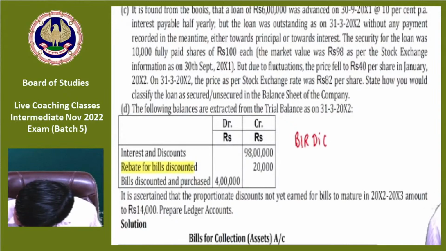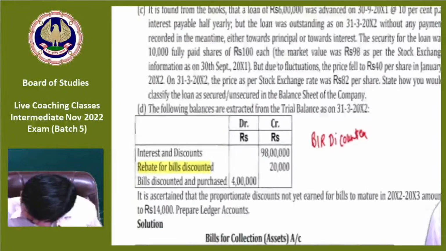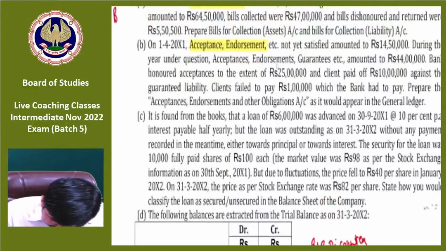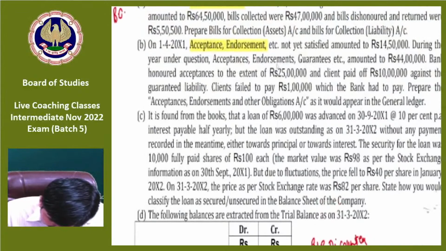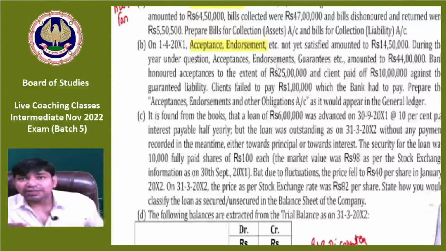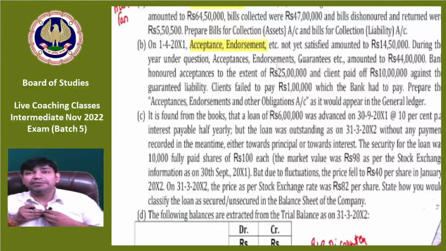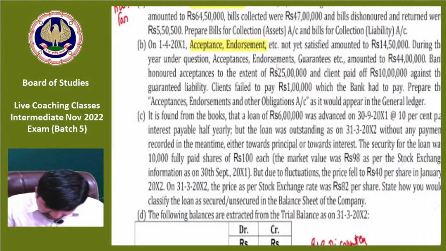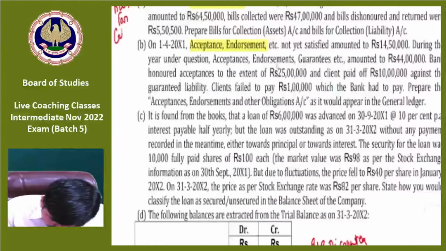In case of the first point, give the heading bills for collection. One day before the exam, you don't have so much time to revise, beta, to go into depth. These headings will help you to revise in the shortest time.